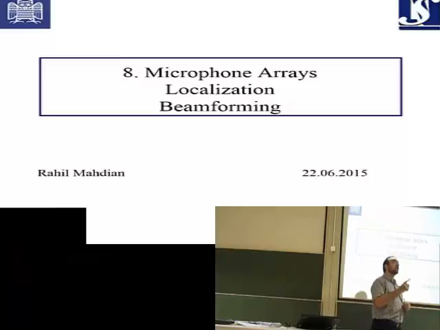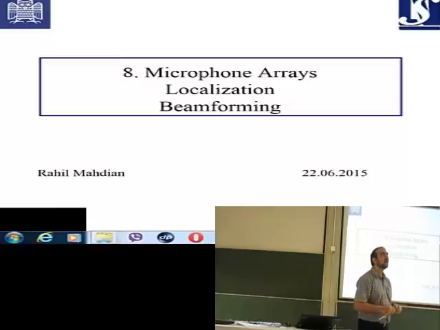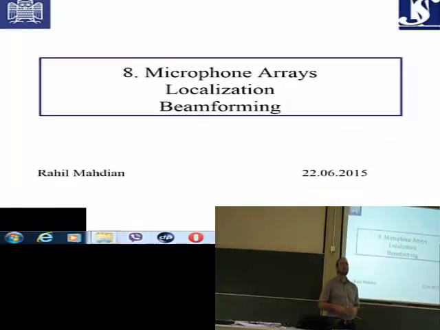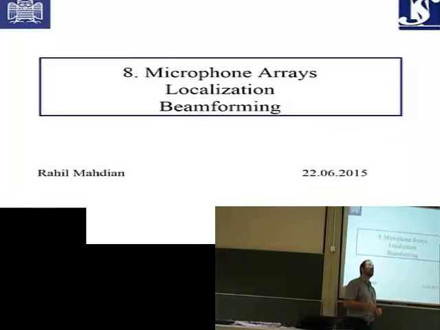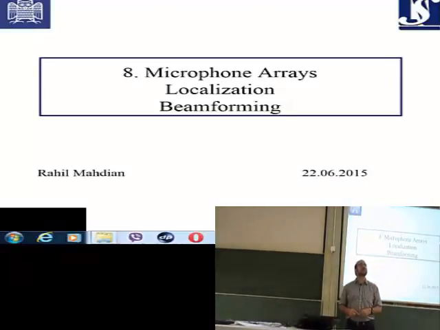But if that window is a Gaussian kernel, then it's called the Gabor transform. Why is the Gabor transform important? Because the Gaussian kernel or Gaussian window is the best localized window in joint time and frequency resolution.